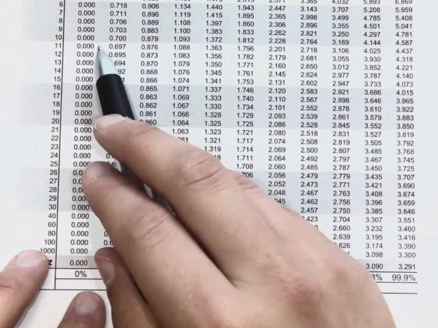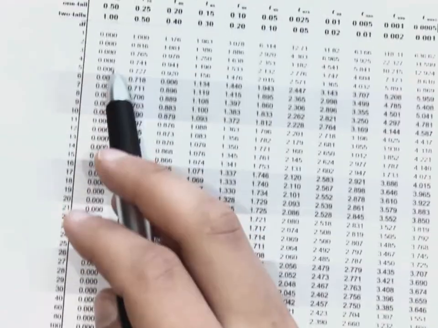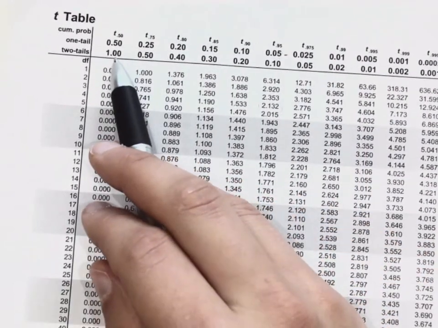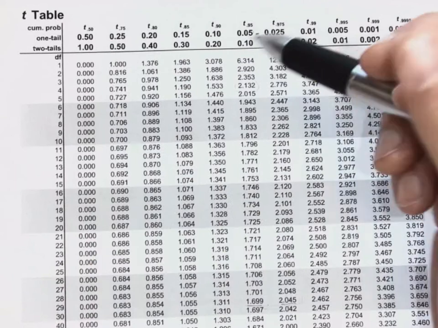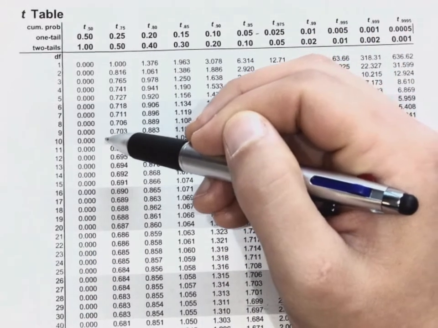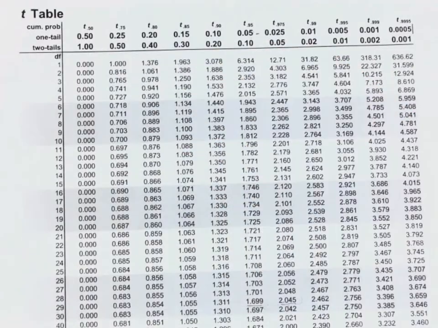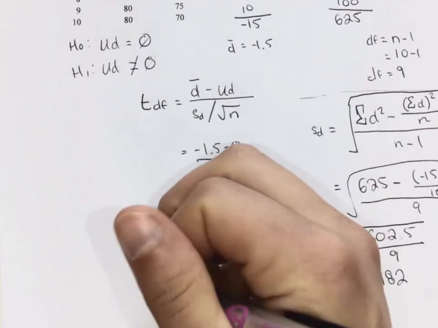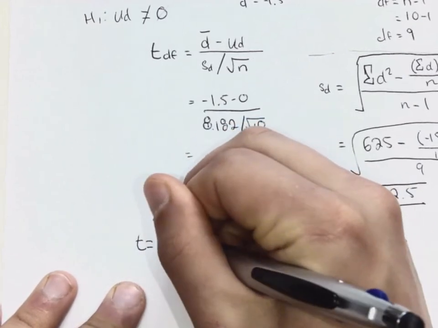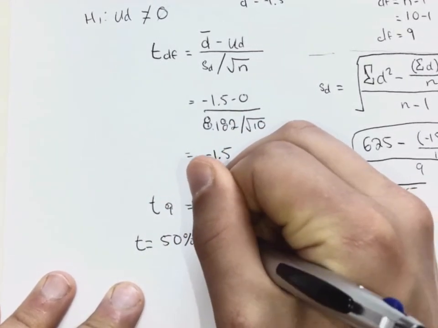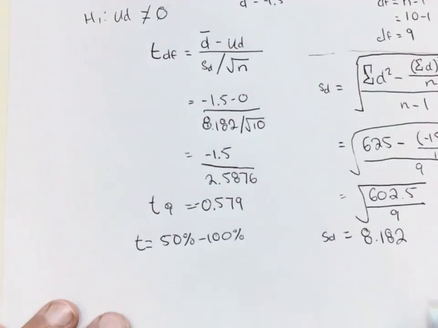So 0.58 falls somewhere just shy of 50% and 100%. It's probably a little closer to 50. It might be around the 60% mark, because there's 0.7, so 0.58 probably falls somewhere just short of this. So we can say that our p-value is 50% to 100%. We know that it's somewhere probably around 60%, but for sure it's in this range.